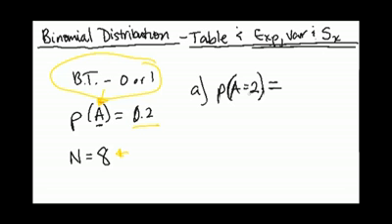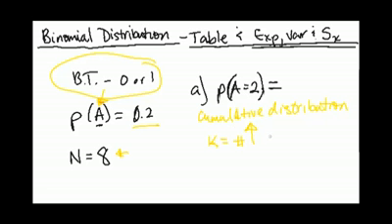So in this case, because we're dealing with a cumulative distribution table, what that means is that everything in the table is not just that K value or X value, whatever you want to look at it. It's everything from that number and up added together.